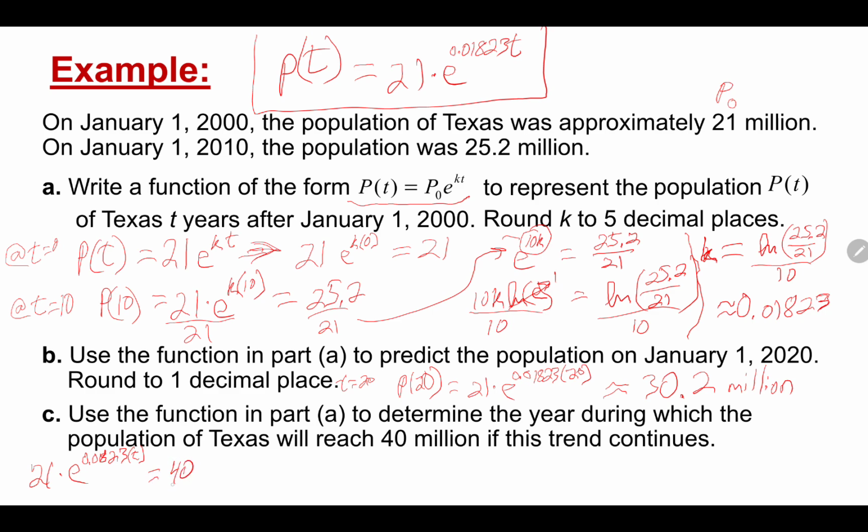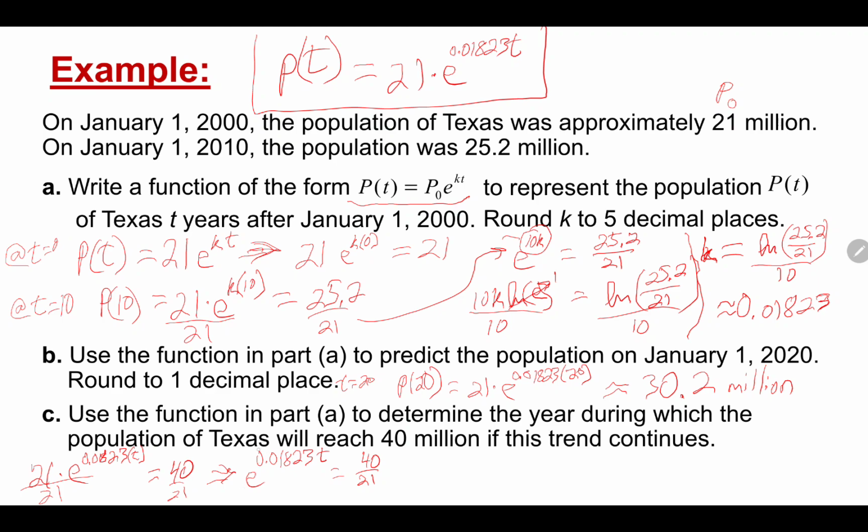So again, we're going to divide by 21, kind of the way we went through solving it. So I have 30.2, all that stuff, then I'll take the log of it. So let me write it down first. Just running out of room. 0.01823t is equal to 40 over 21.